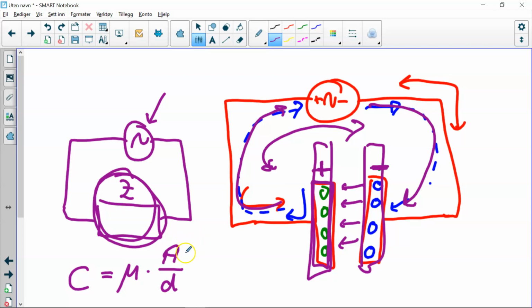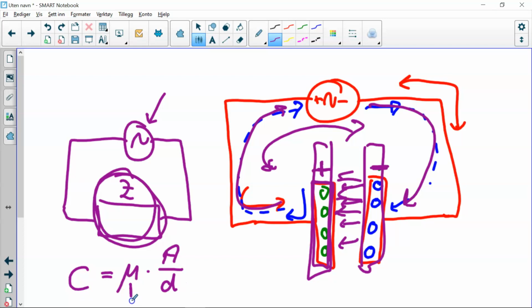The d is the distance between the plates. So the smaller the distance, the more effective the electrical field between them. So a smaller distance would make a larger capacitor. Therefore, it belongs to the denominator.